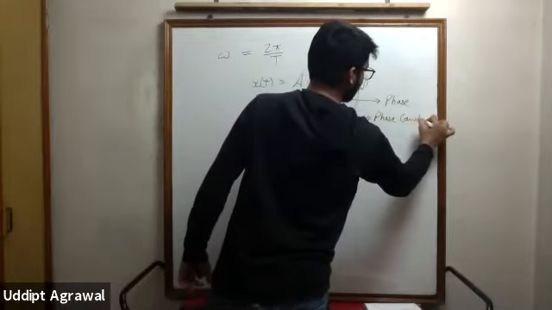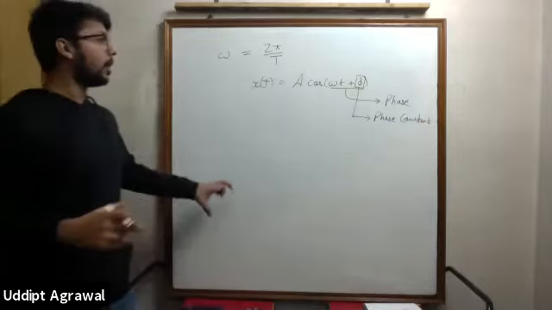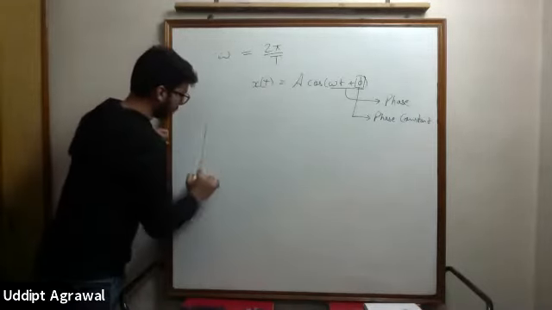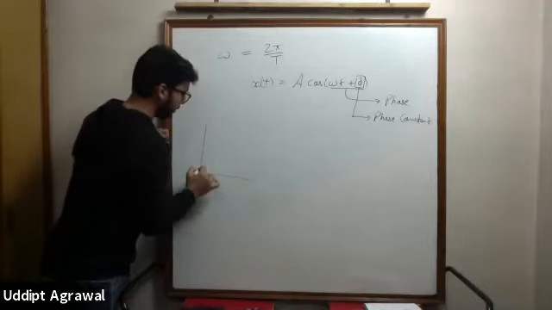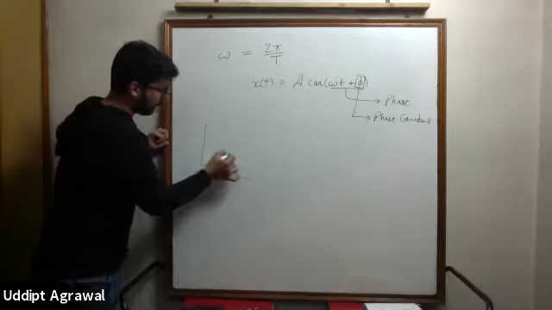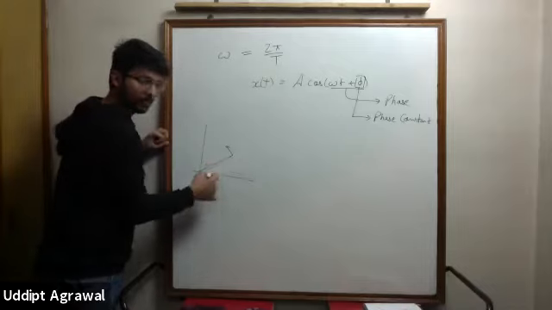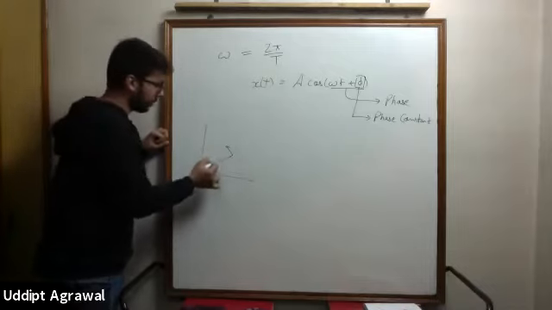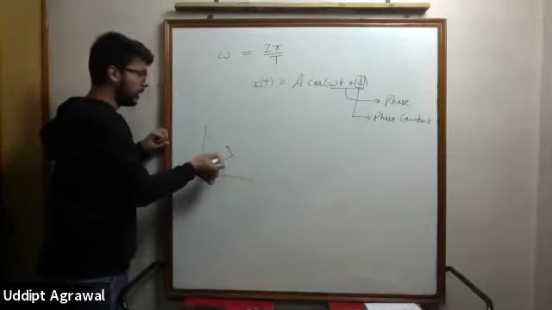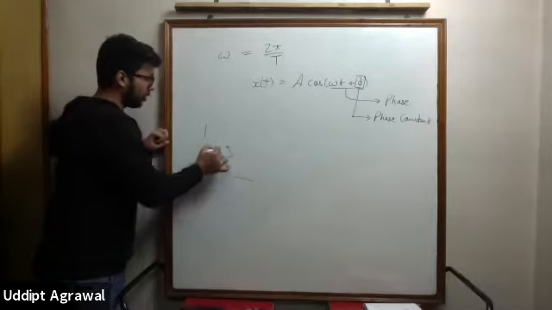Phase constant essentially tells us where we are starting. So at what angle are we starting from? Think of it as a circle, and we'll be doing this today as well. If I'm starting my motion from here, if I'm rotating something from here, I'm already at phi. So this is the angle I'm starting with, and then the consecutive angle.